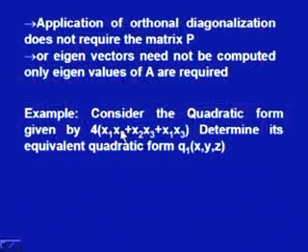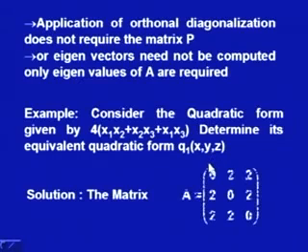So let us consider the quadratic form 4 multiplied by x1 x2 plus x2 x3 plus x1 x3, which is a quadratic form in 3 dimensions. Determine its equivalent quadratic form Q1 in which the associated matrix is a diagonal matrix, or this form is free of cross terms. So let us consider the matrix corresponding to this.